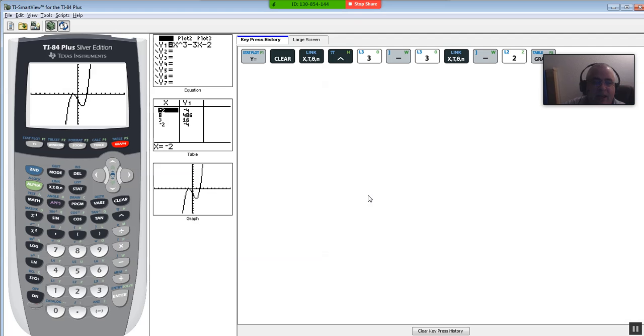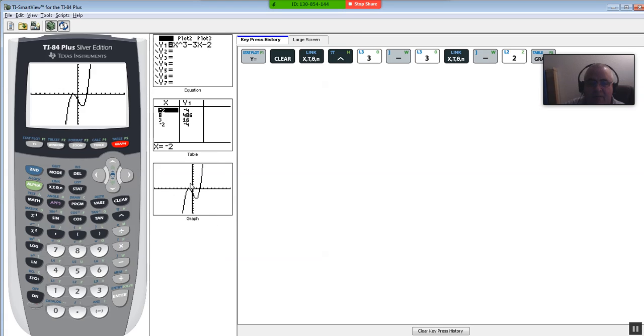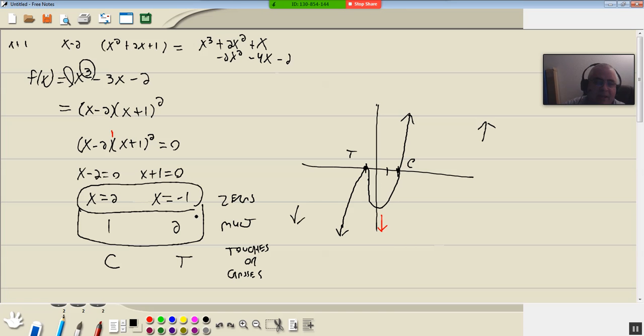You can see I generally had the look, but it actually went down a little bit more that way. But we had the general shape of the graph. So again, that, included with plotting maybe 2 or 3 points, your t-chart can help you come up with a graph very easily.